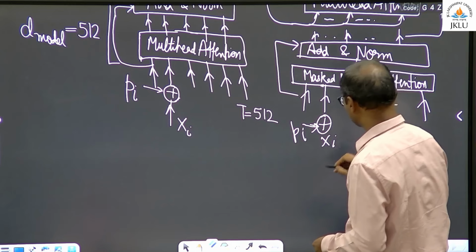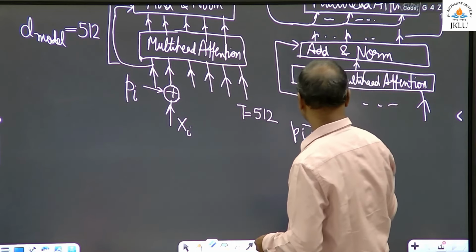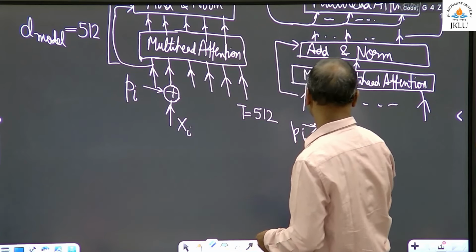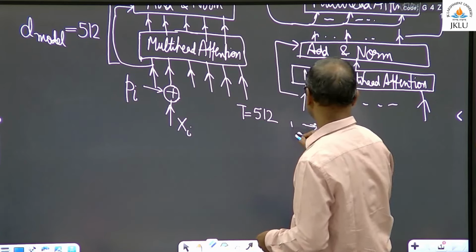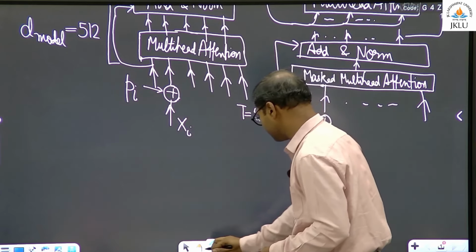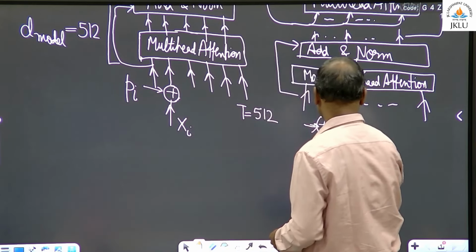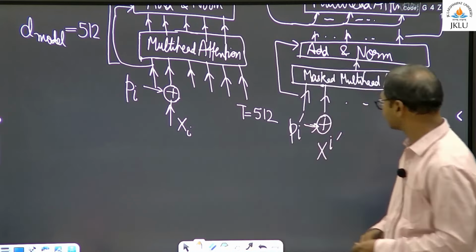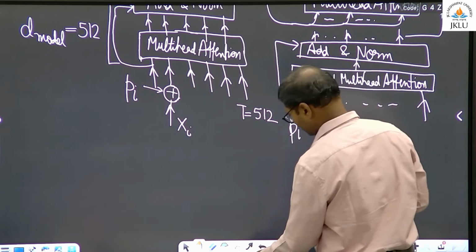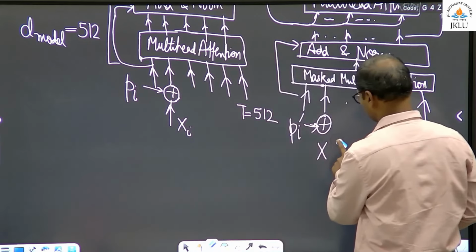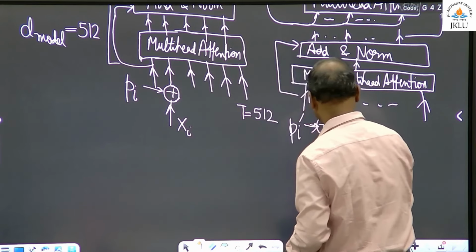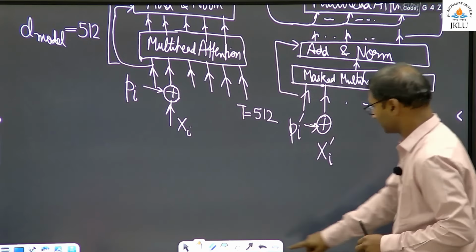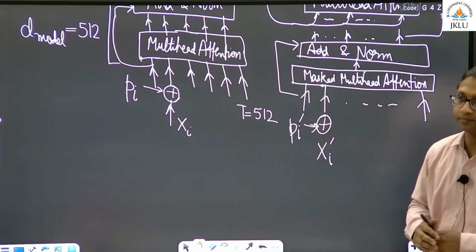So let us now try to understand what is going on here. This is certainly not xi, but let us say I call them xi prime and pi prime. Okay. Now, how do we input? What do we input here?